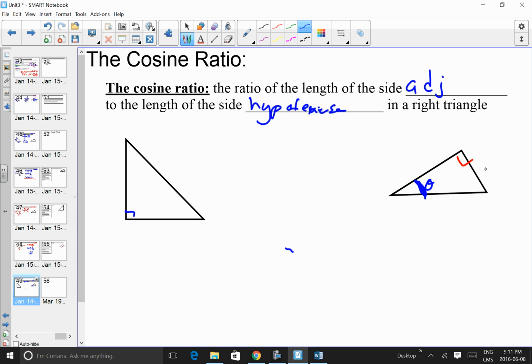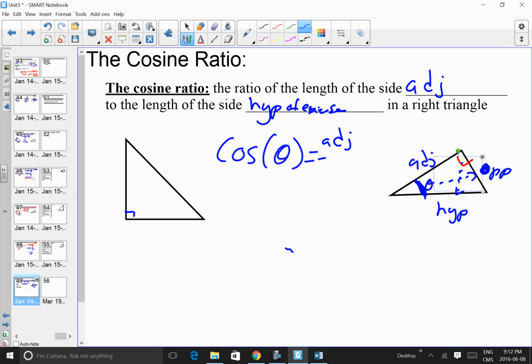That'll have to be the opposite, because that's what the angle is looking at. My right angle always looks at my hypotenuse. My leftover side is my adjacent. So the formula for cosine is cosine of some angle equals adjacent over hypotenuse.